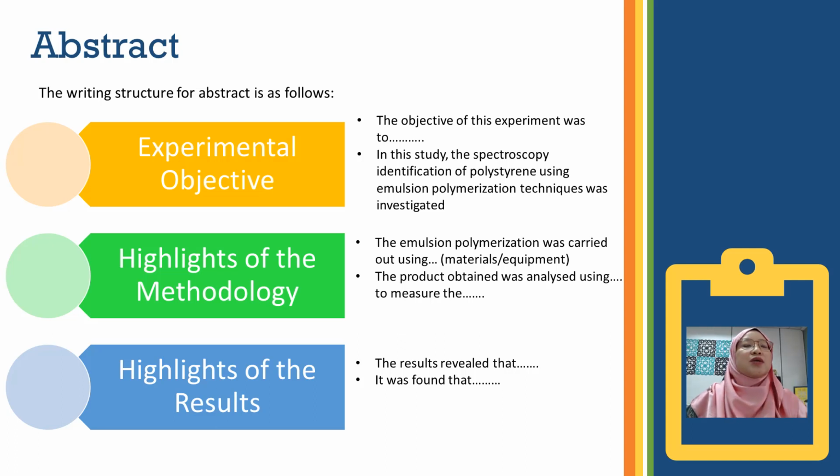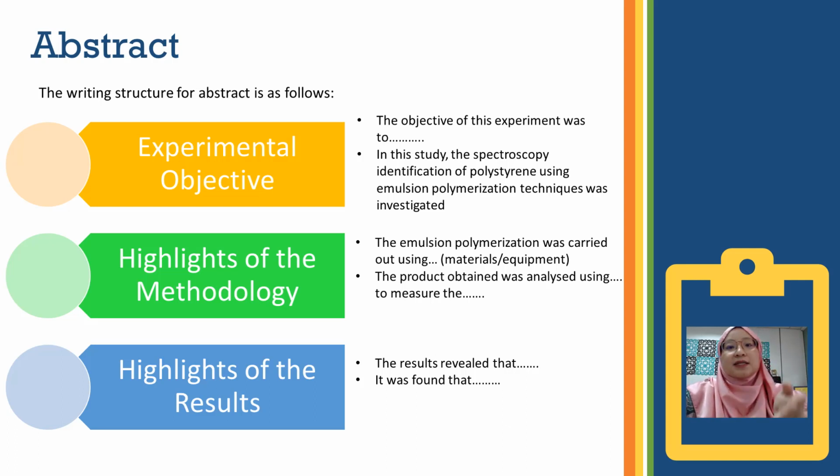Or in other words: in this study, the spectroscopy identification of polystyrene using the immersion polymerization technique was investigated. State your experimental objective, going directly to tell us what you have done and what you are going to achieve.